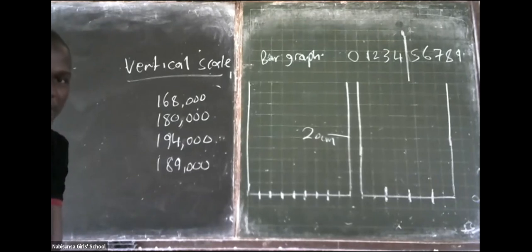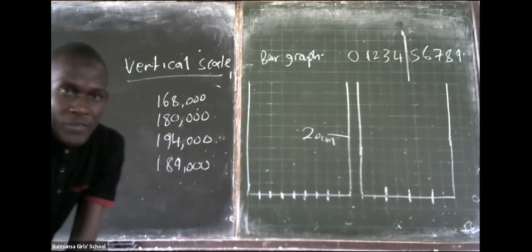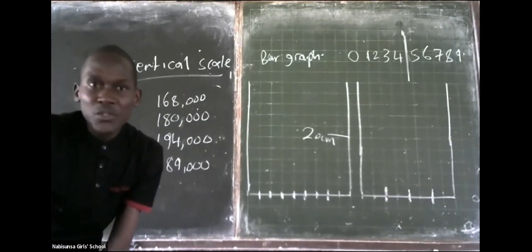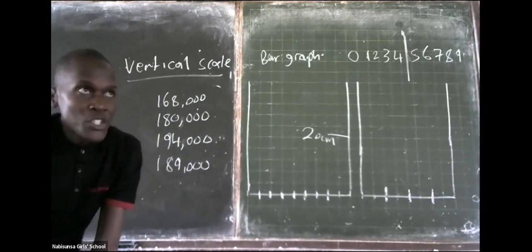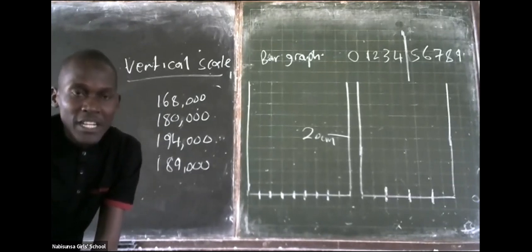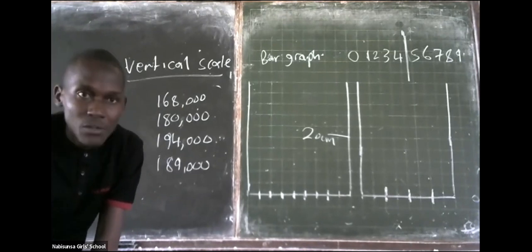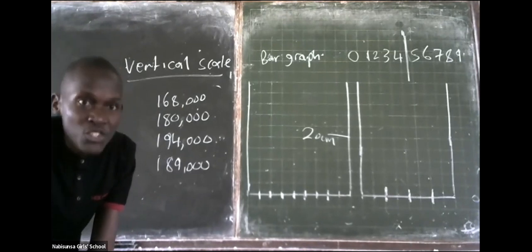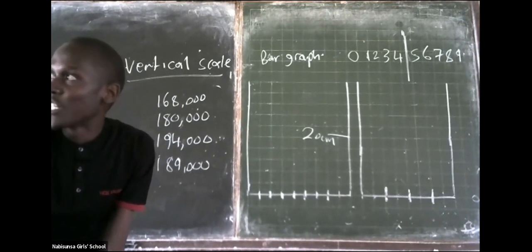When we are drawing these graphs, our worry is always on the highest amount. What do I mean? If at all you are an engineer of Nabisunsa and the headmistress gives you a deal and they tell you are going to construct for us the bathrooms for the Nabisunsa girls, your worry is not going to be on the shortest girl.